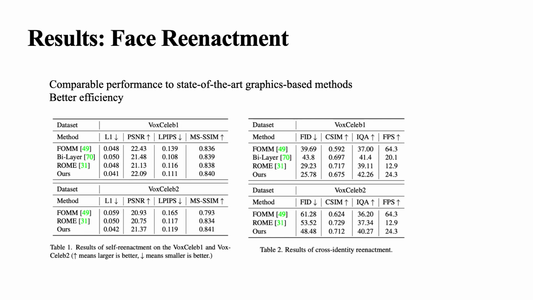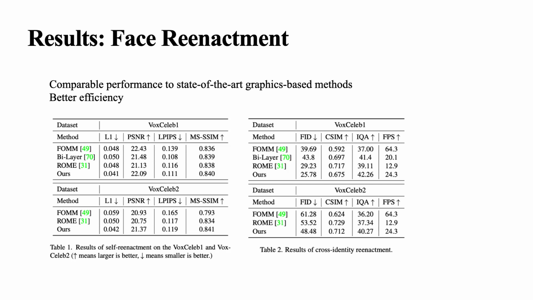Here come the results. As shown in these tables, our method can achieve comparable performance to state-of-the-art graphics-based methods such as ROME on both self-reenactment tasks, where the source and the driver image come from the same subject, and also the cross-identity reenactment, where the source and the driver image come from different subjects.